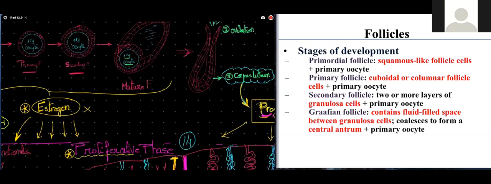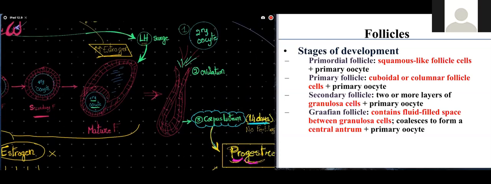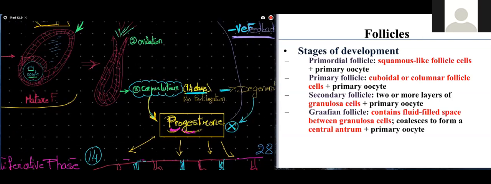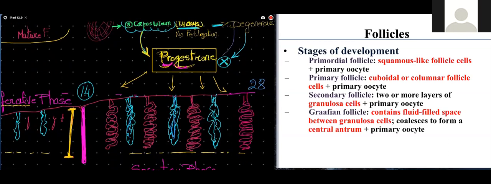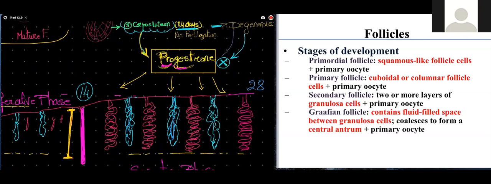Now the Graafian follicle has ruptured and the corpus luteum has been formed, and it will be producing progesterone. If you remember, pro precedes, and gestation means pregnancy. So this is a hormone that precedes pregnancy, progesterone.